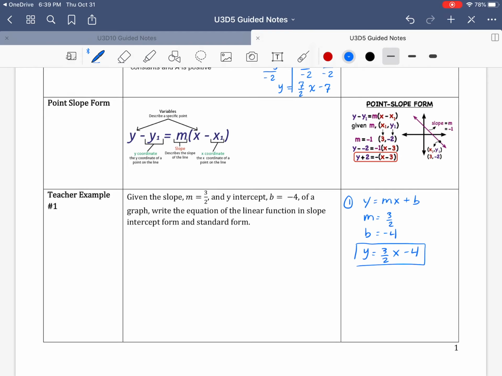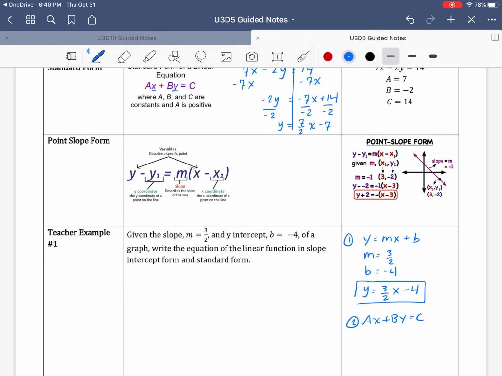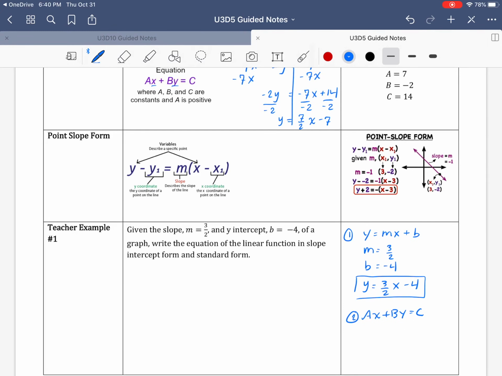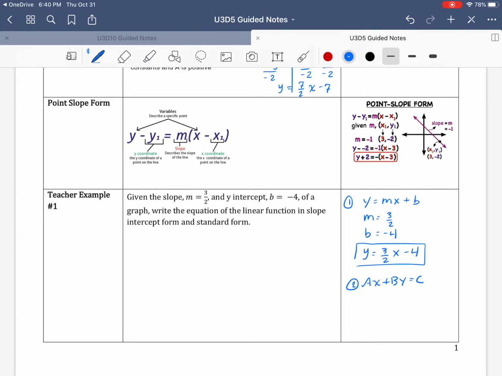The second one says we want it in standard form, which is ax plus by equals c. So now we're doing the opposite of what we did earlier. We're going to take y equals 3/2 x minus 4. Now remember that our a value has to be positive.